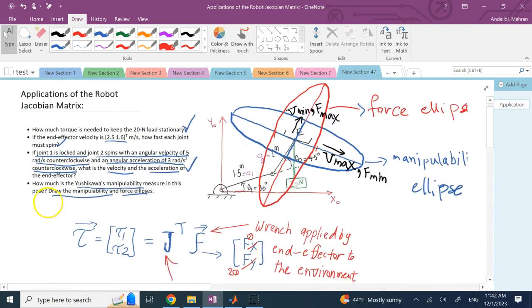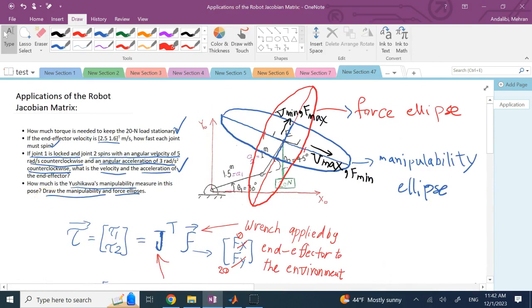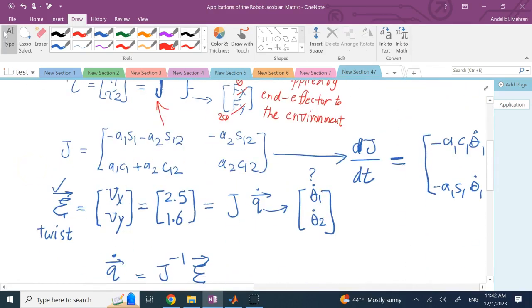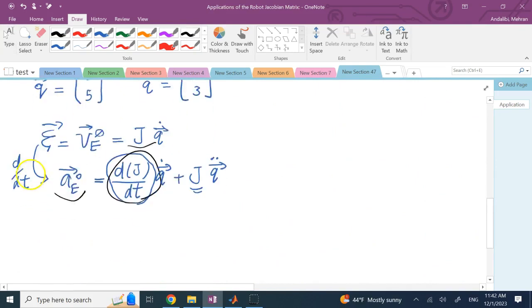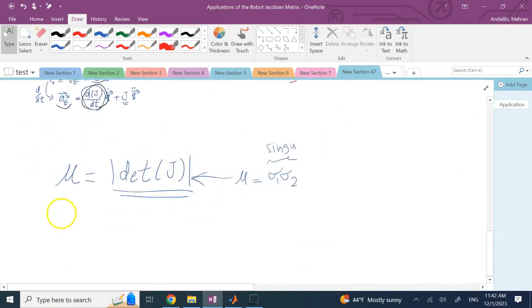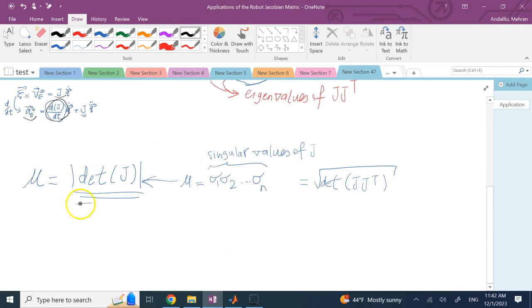So you see in all of these, the Jacobian was involved, whether directly in inverse and forward velocity, directly plus its derivative in the acceleration, in singularity and how close you are to singularity, the determinant of that and the absolute value of it.